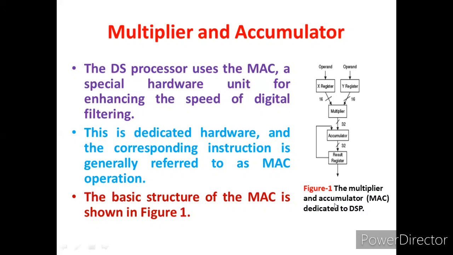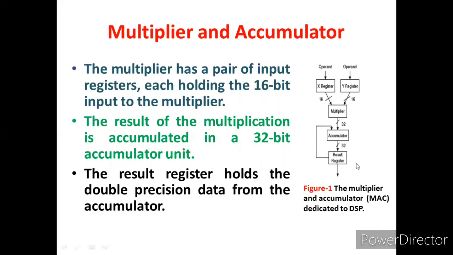Now let us see the basic structure of the MAC, as shown in Figure 1, the multiplier and accumulator. This is dedicated to a DSP processor. The multiplier has a pair of input registers, each holding a 16-bit input to the multiplier. So register X and register Y have 16 bits, acting as inputs to the multiplier.